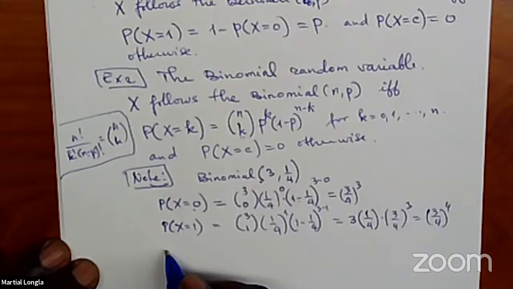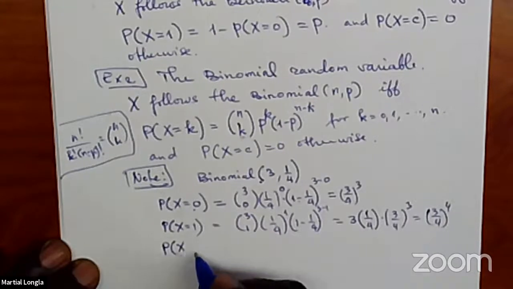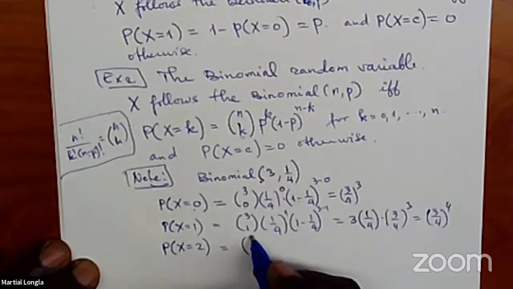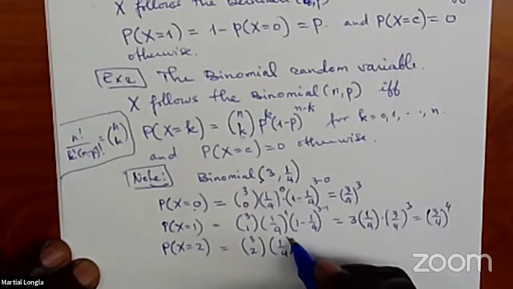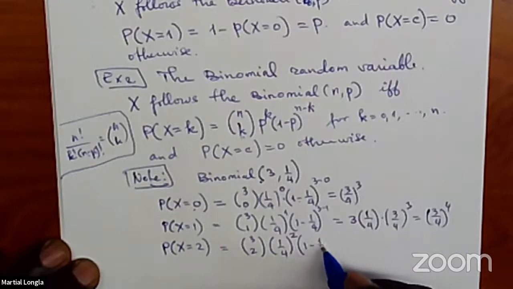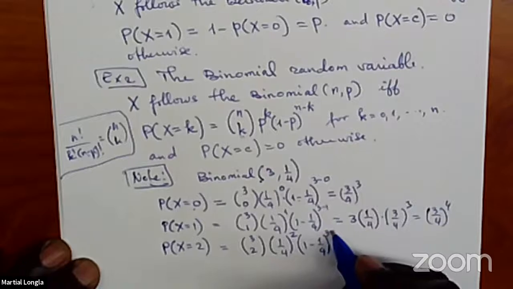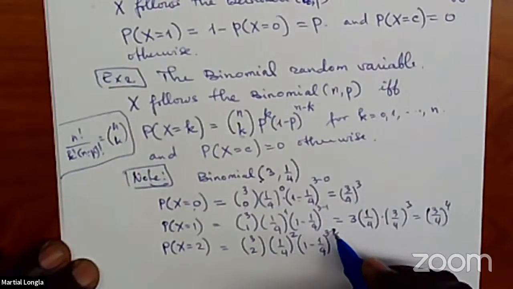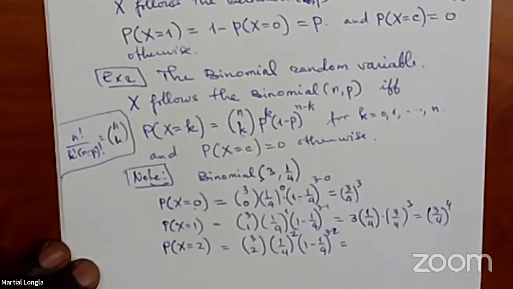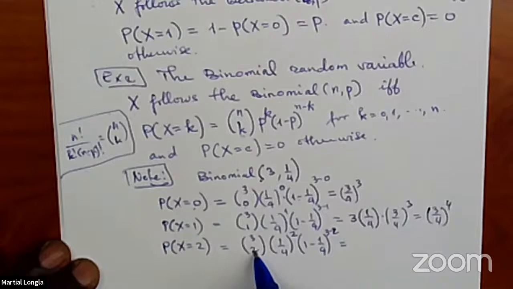If you want probability that x equals 2, that is choose 2 out of 3, 1/4 to the power 2, 1 minus 1/4 to the power 3 minus 2. And then you do the computation. There are 3 ways of choosing 2 things out of 3.